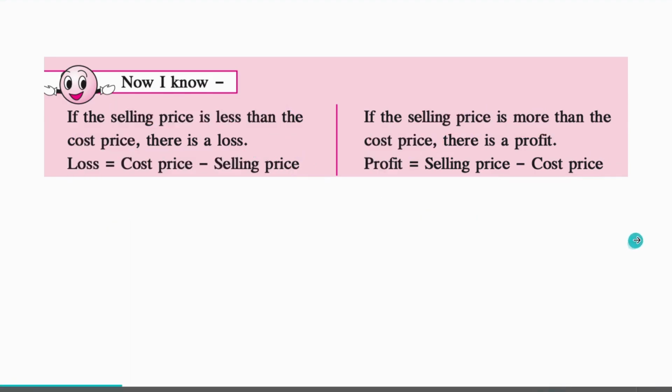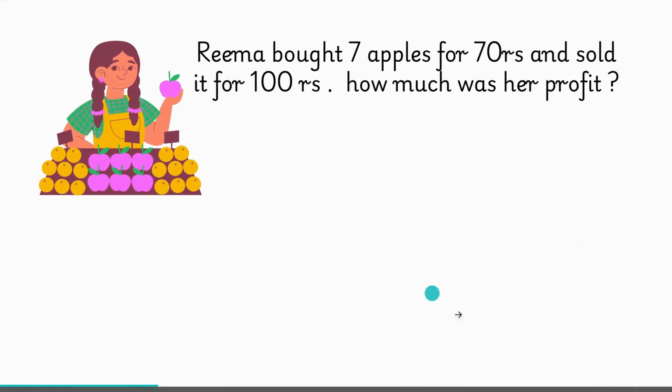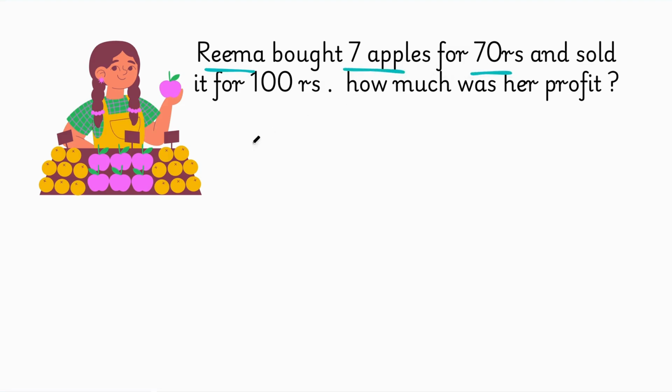Now let's understand these with a few examples. There is a girl, Rima, and she bought 7 apples for rupees 70. As you can see in the picture, there are 7 apples here, excluding this one, and she sold them for rupees 100. Now they are asking us how much profit she gained.